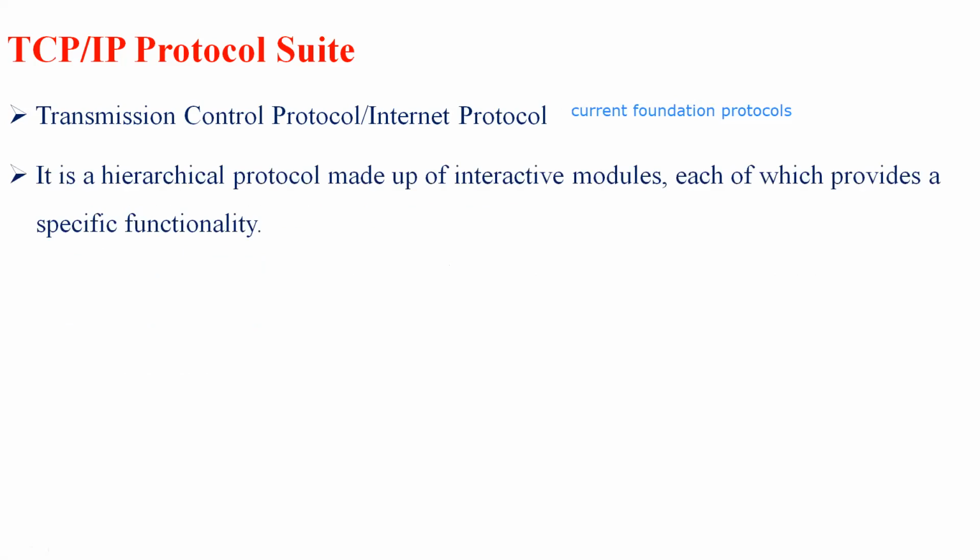TCP/IP is a hierarchical protocol which is made up of interactive modules, each of which provides a specific functionality. Hierarchical means that every upper layer protocol is supported by two or more lower layer protocols.